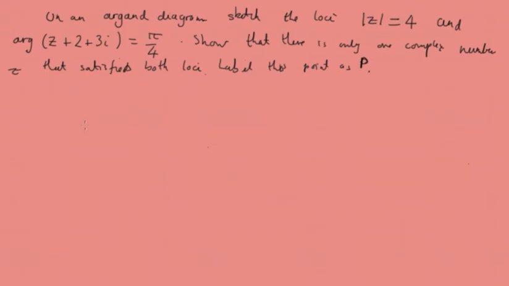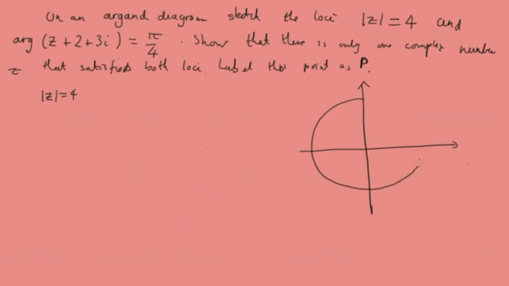Okay, so let's begin with the easy bit. So we've got modulus of z equals 4. So let's draw this to begin with. Oh, that's a very bad axis. There we go. And we know that's just going to be a circle, radius 4. So there's our 4.